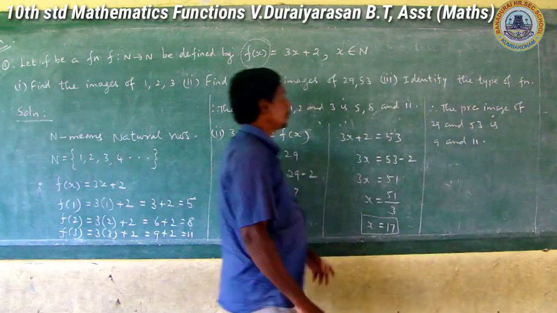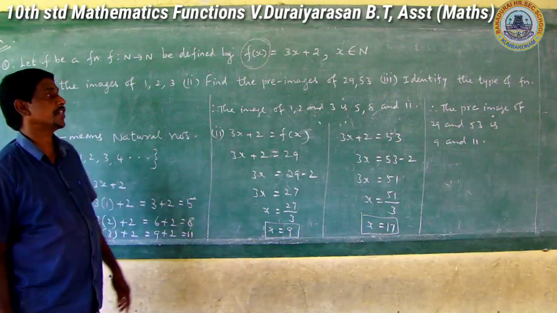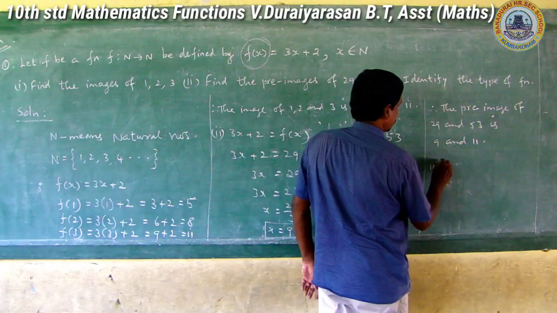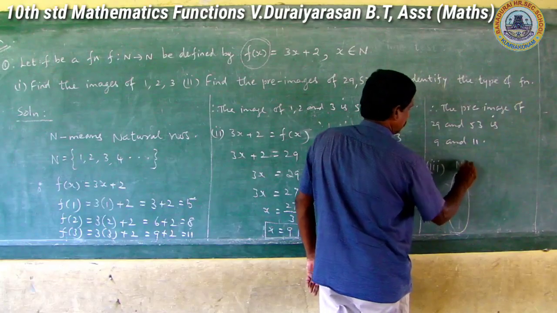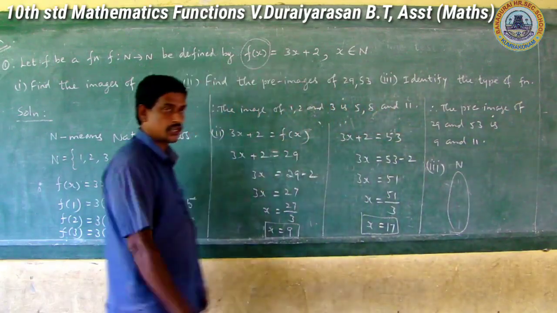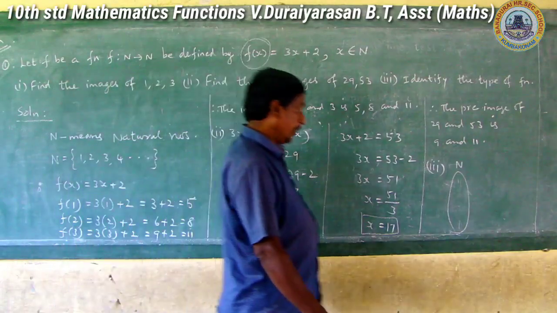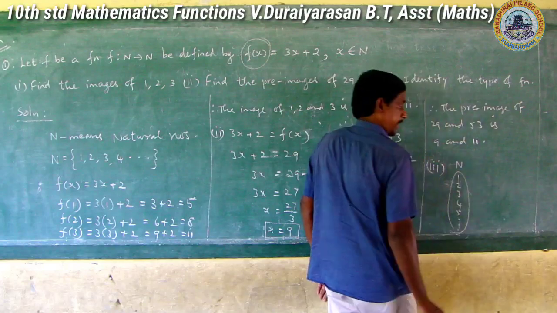That's all. Question number 3: identify the type of function. What is this? The first set, the domain, is natural numbers: 1, 2, 3, 4, 5 and so on.